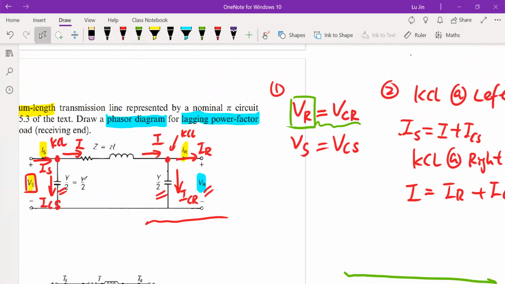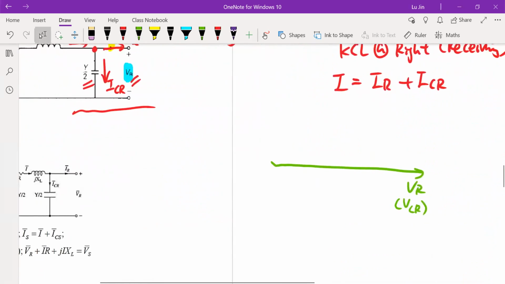Next, we need to use the condition given in the question. The question is saying, please draw a phasor diagram for lagging power factor. What does lagging mean? Lagging means, as I mentioned, that at the receiving side, the current at the receiving end, IR, is lagging the voltage at the receiving side. VR has been defined to be the reference, so IR must be slower than it.